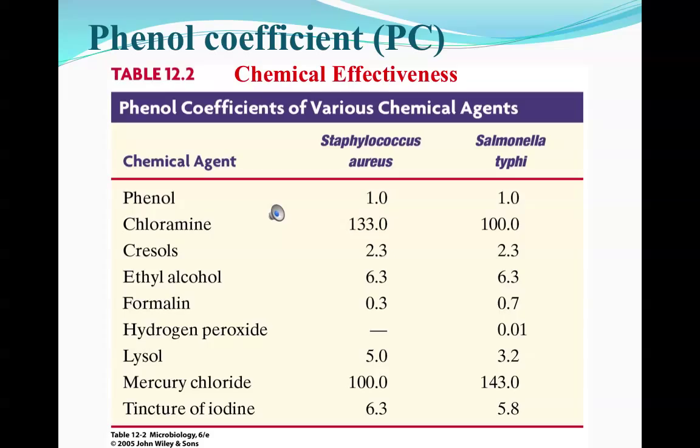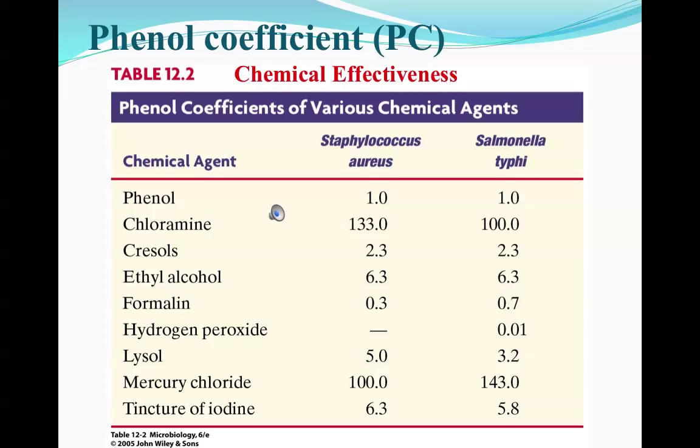That's the standard to which we're going to compare everything else. A phenol coefficient less than 1 means that particular material is less effective than phenol as a chemical agent to be used as a disinfectant. If the phenol coefficient is larger than 1, then we can easily say that that particular chemical is more effective as a disinfectant than phenol.